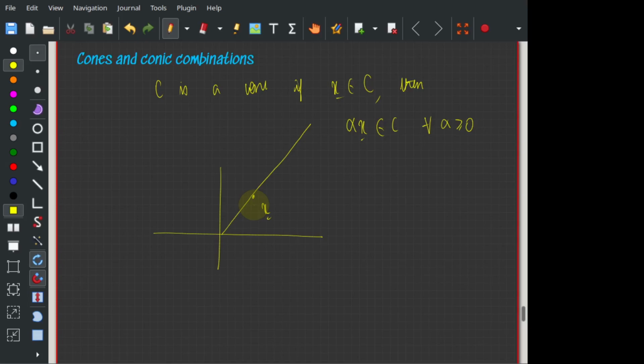Okay, can you give me an example of a cone? Yep. So if you look at the function mod x, it's going to look something like this. So how would you define this set?